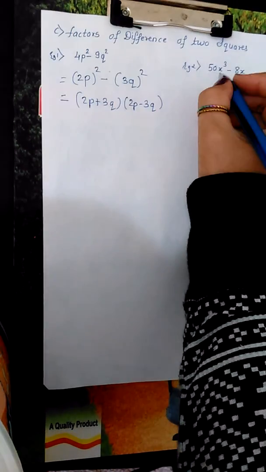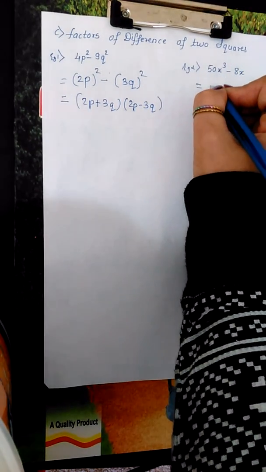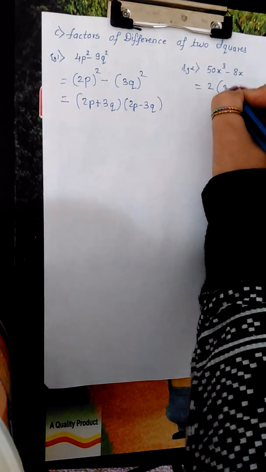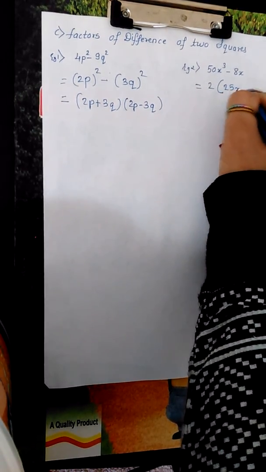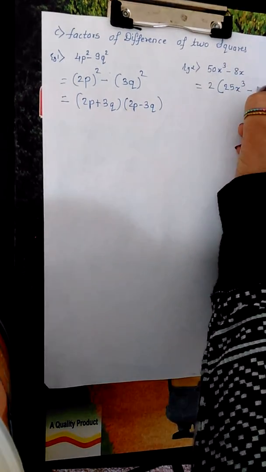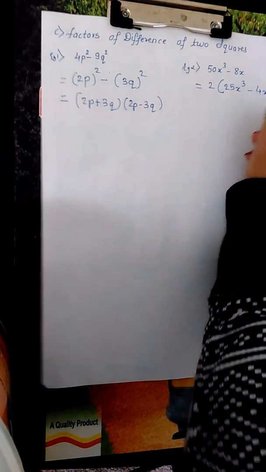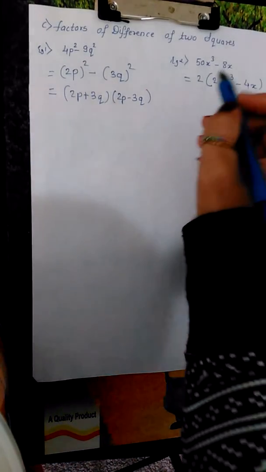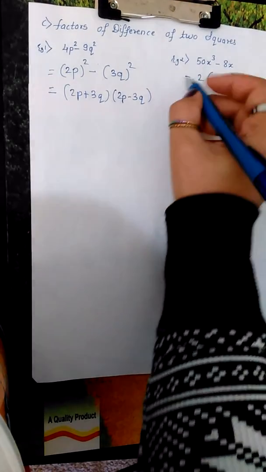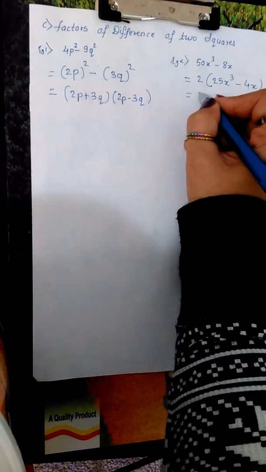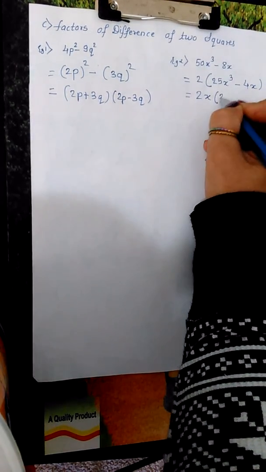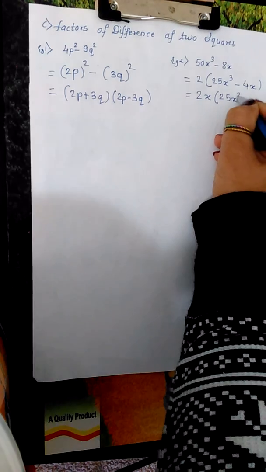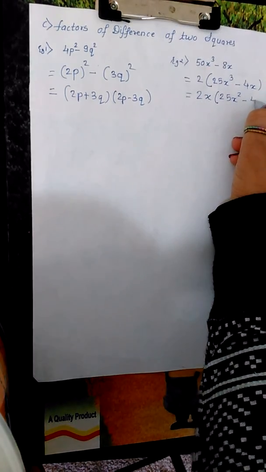Now the second example. Here we can take 2 as common and we can write 25x cube minus 4x. Here x can also be a common factor, so we can also take x out, so it will be 2x into 25x square minus 4.